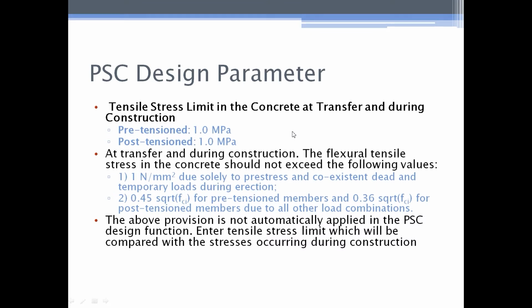At transfer, the flexural tensile stress in the concrete should not exceed the following values: 1 Newton/mm² due solely to pre-stress and coexisting direct and temporary load during erection. And number 2, 0.45 square root fci for pre-tension members, and 0.36 square root fci for post-tension members due to all other load combinations.